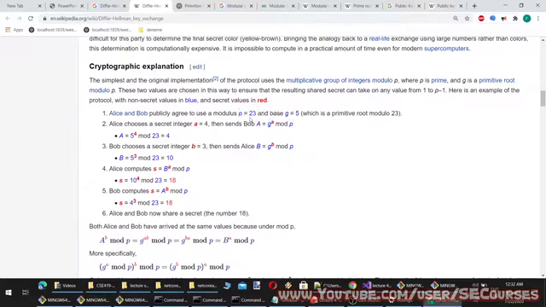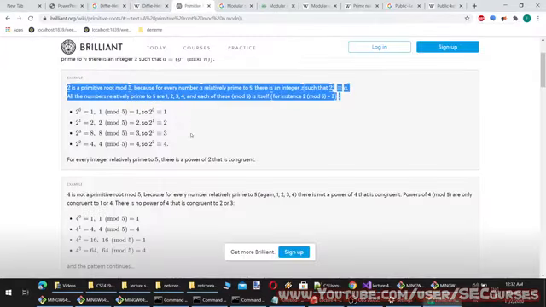Okay. So when we divide 23 by 5, what would be the remainder? I'm checking. Oh, this means modulus.